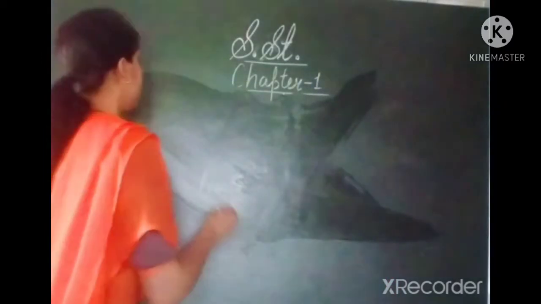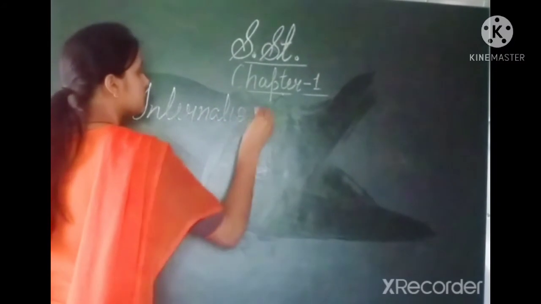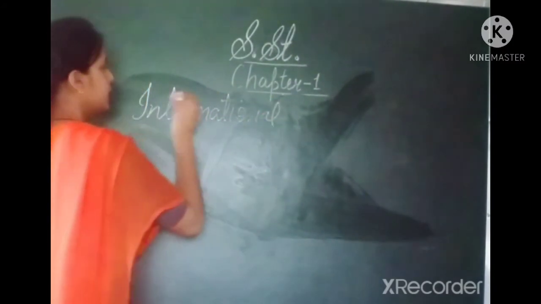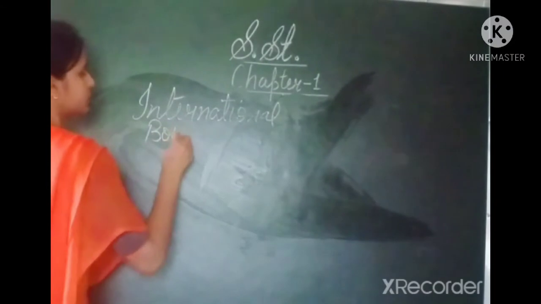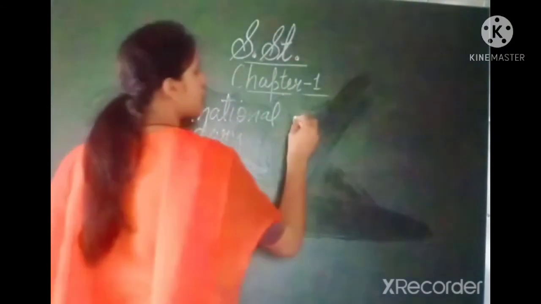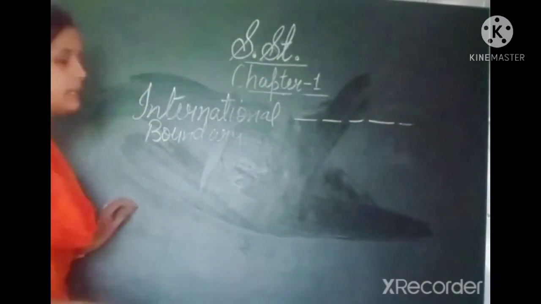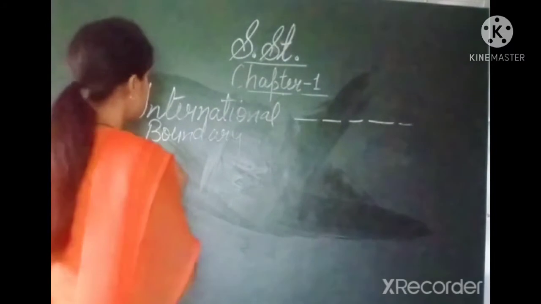Now let's see the international boundary. The international boundary is shown like this, a small dotted line. Next is the state boundary.